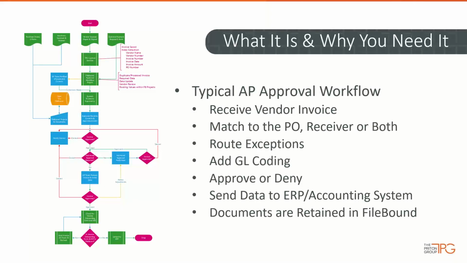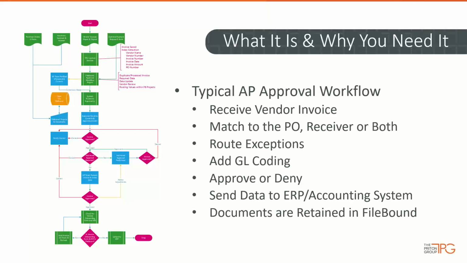So here's a typical AP approval workflow. You receive your vendor invoices, and there's a match that typically takes place, and that's done by the workflow to match the purchase order and the receiver or both. Anything that doesn't match gets routed to people via exceptions, and those people have an opportunity to look and research and decide if they're going to approve or disapprove a workflow.